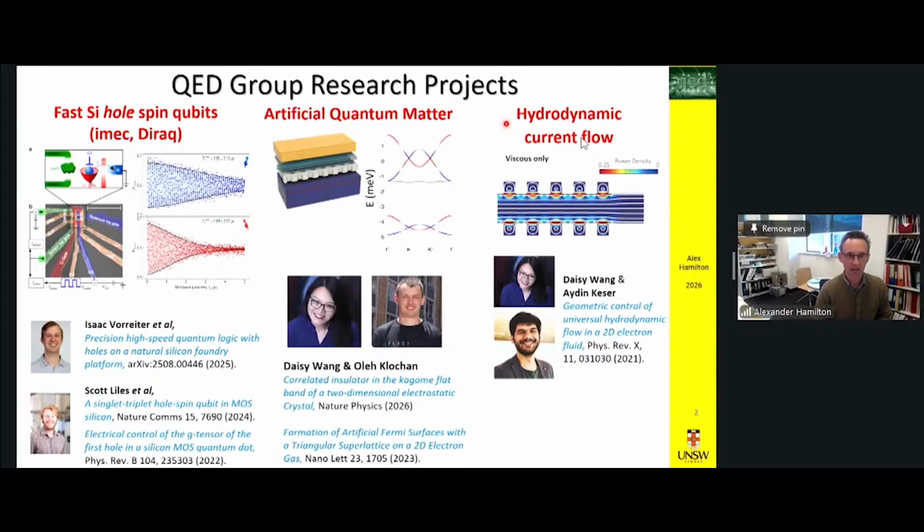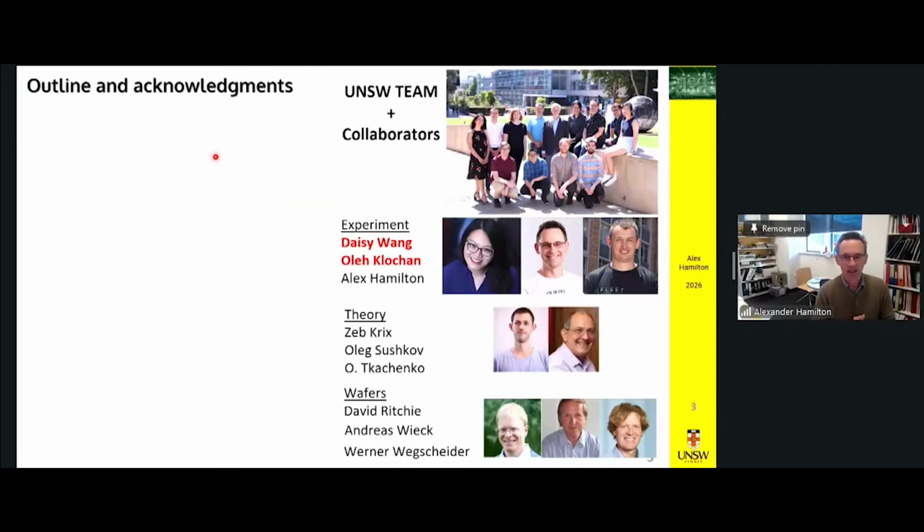But today, what I wanted to talk about more is the work that has been primarily led by Daisy Wang and Oleg Klochan on making synthetic quantum matter using arrays of large-scale quantum dots. Of course, these are the people who actually do the work. This is a slightly old photo now of some of the group members.